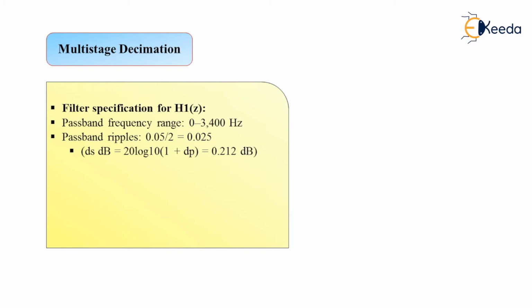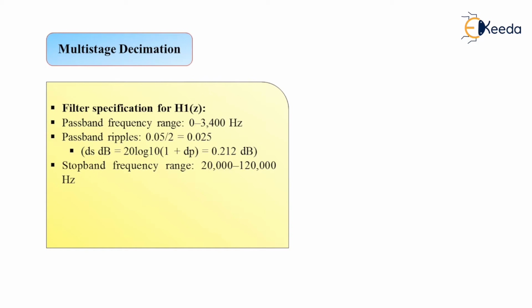In terms of decibels, we need to write 20 log to the base 10 of 1 plus delta p. If you substitute delta p to be 0.025, the answer is 0.212 decibels.